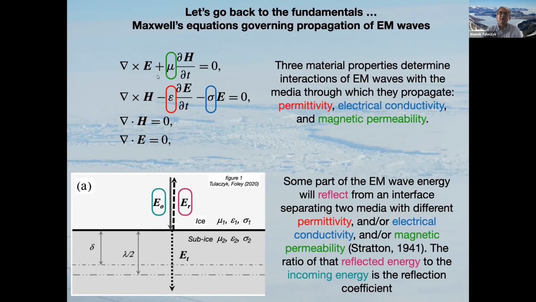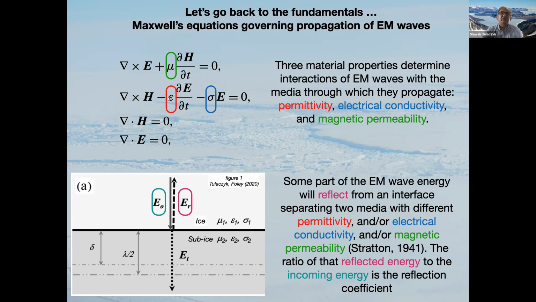one of the forms of Maxwell's equation, which is the equation governing propagation of electromagnetic waves. And that system of equations, which tells us everything about how EM waves behave, how they attenuate and reflect and so on. That system of equation contains three material properties.